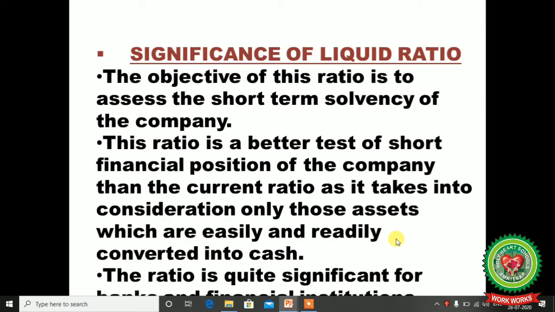You know that in current assets, all current assets are considered, but in liquid assets, inventories and prepaid expenses are not considered. It means in liquid ratio only very quick or readily marketable assets are considered.